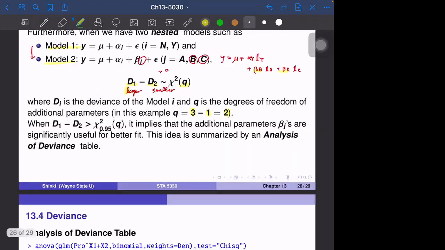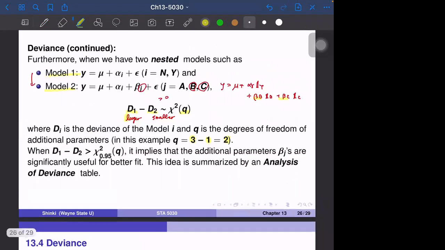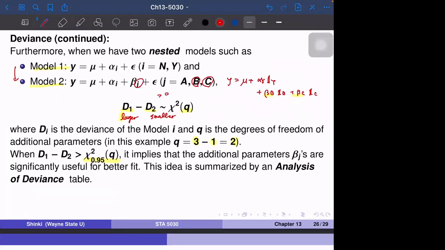If D1 minus D2 is larger than some threshold value of the chi-square distribution with degrees of freedom Q, that is, if it falls in the range larger than the chi-square 0.95 quantile of Q, then we should reject the null hypothesis and reject model 1 to support model 2.